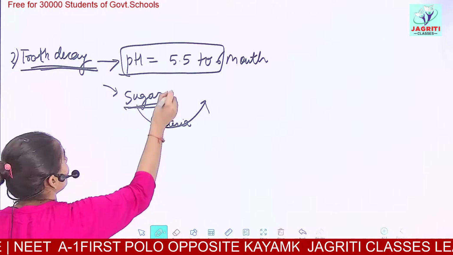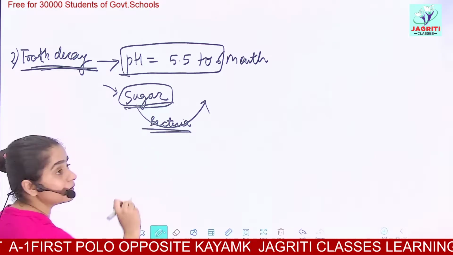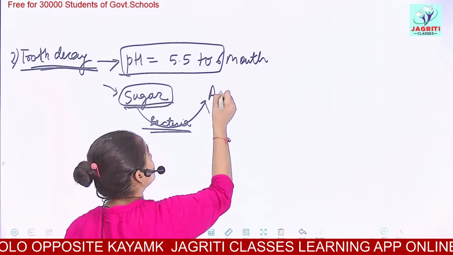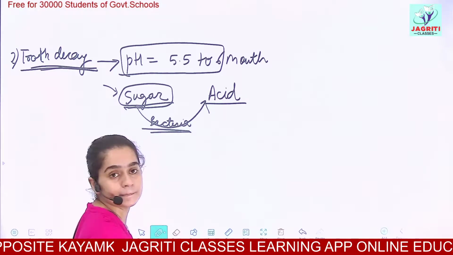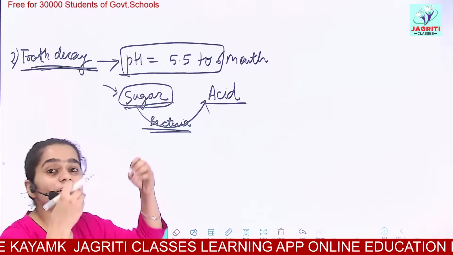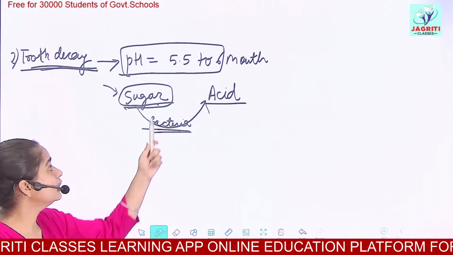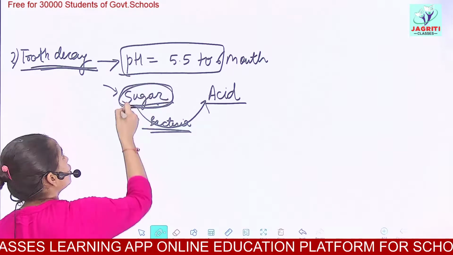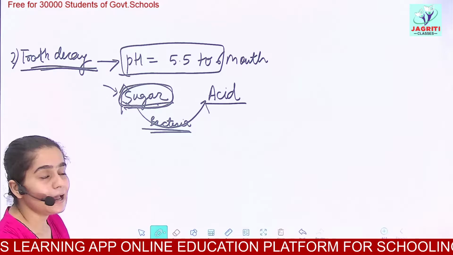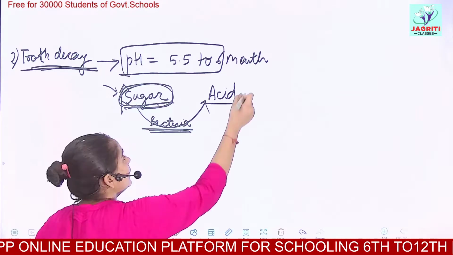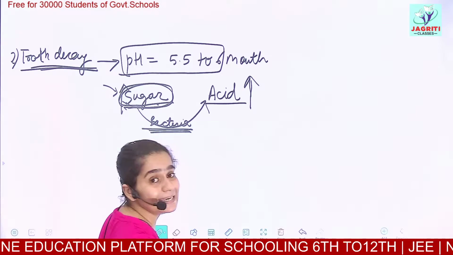So this sugar is acted upon by bacteria. That is, bacteria act on this sugar and convert it to acids. And if we eat much sugar, many chocolates or many sweets, if we have a sweet tooth, then we increase the amount of sugar in our diet. And if this sugar increases, the bacteria work more rapidly and the production of acid in our tooth increases.